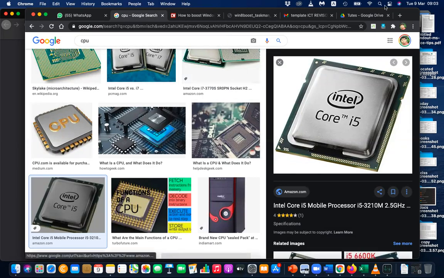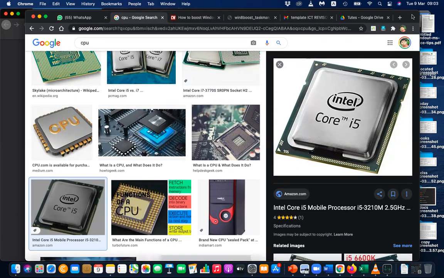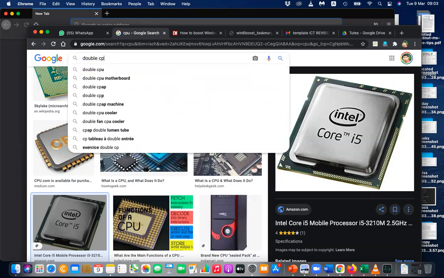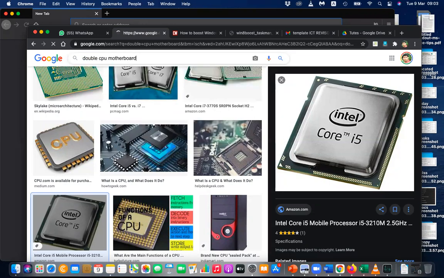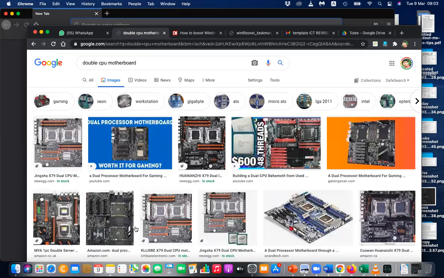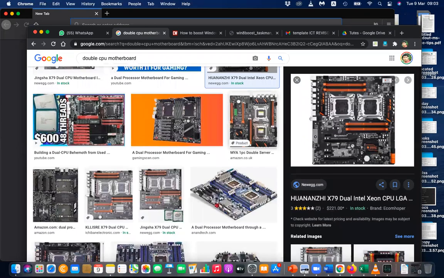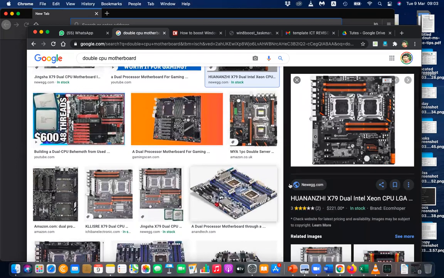The double socket boards are also there. Double CPU motherboards are there, right? Here you can see. Even for gaming, more. For gaming computers, do they use these? You can see, X79 dual Intel Xeon.